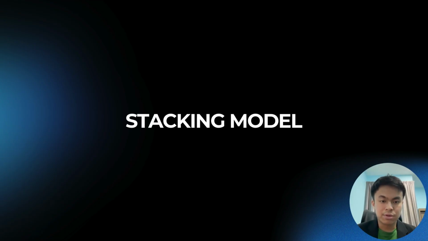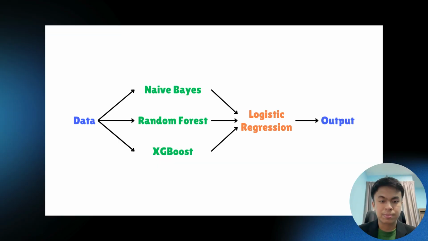The final thing we will do in our project is to stack the models and select the final model. Stacking is basically combining multiple different machine learning models together to build a stronger final model. It will leverage different models' strengths and also cover their weaknesses. Here we are trying to stack three models: the naive Bayes, the random forest, and the XGBoost.